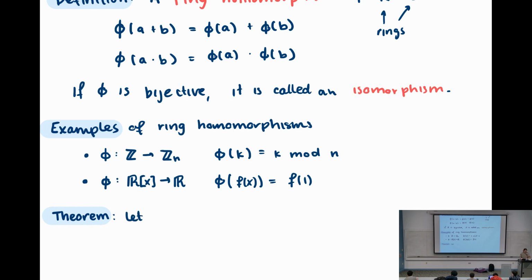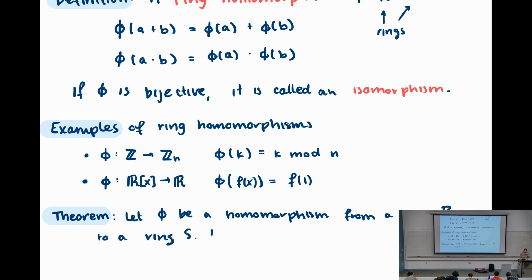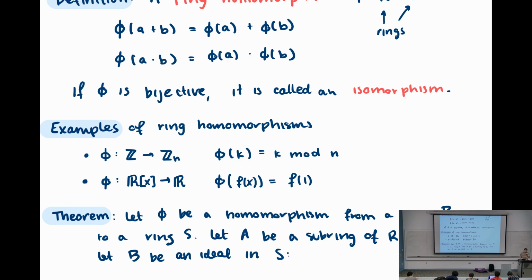So we'll let phi be a ring homomorphism from a ring R to a ring S. And let's let A be a subring of R. And we'll let B be an ideal in S. Okay, so this is the setup.